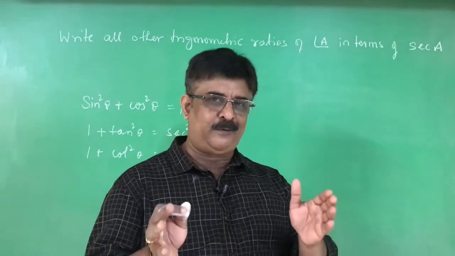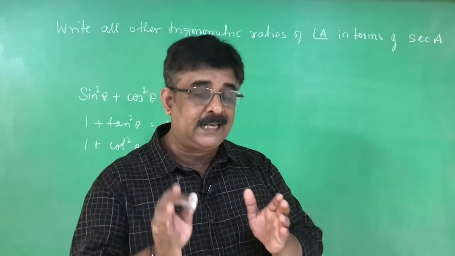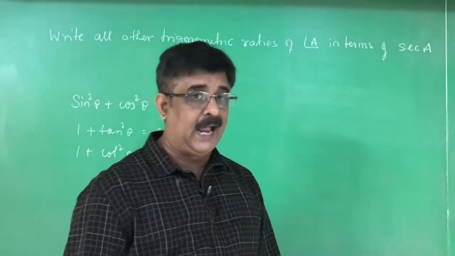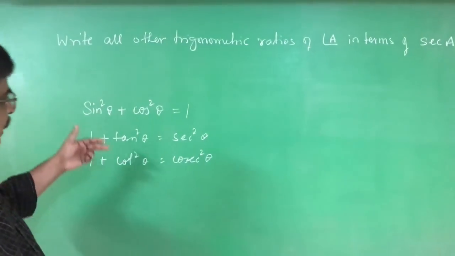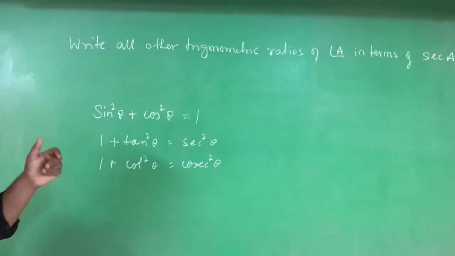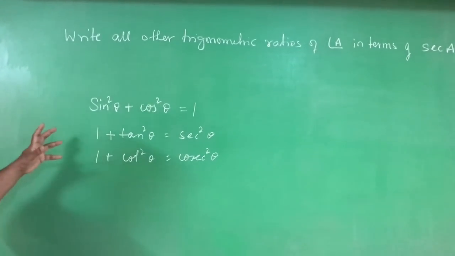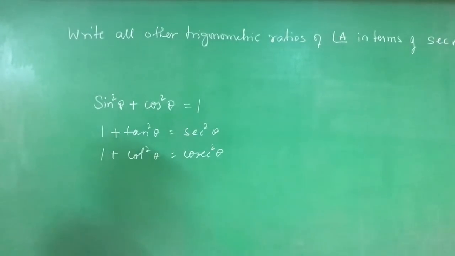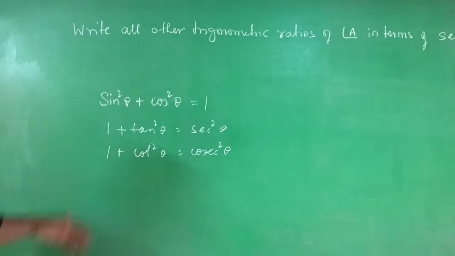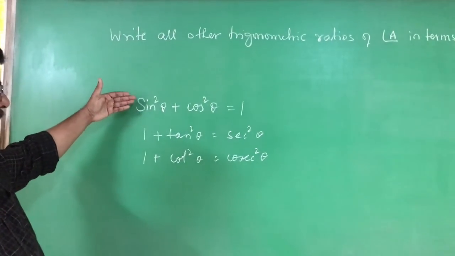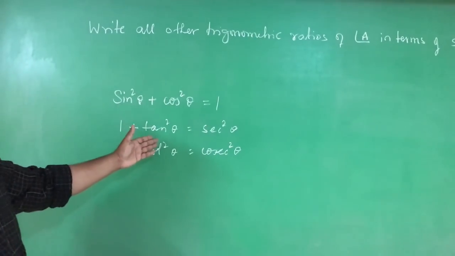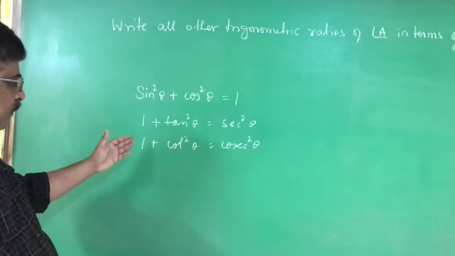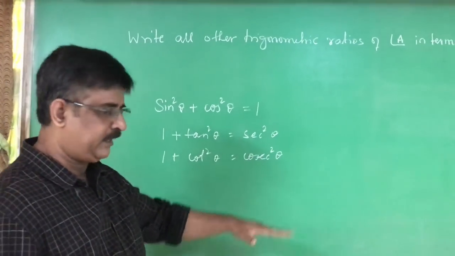Now I wanted to find a relationship between tan and secant. Tell me which identity I should use to find a relationship between tan and secant. You have to see, there are three identities. Sin square theta plus cos square theta is equal to 1, 1 plus tan square theta is equal to secant square theta, 1 plus cot square theta is equal to cosecant square theta.